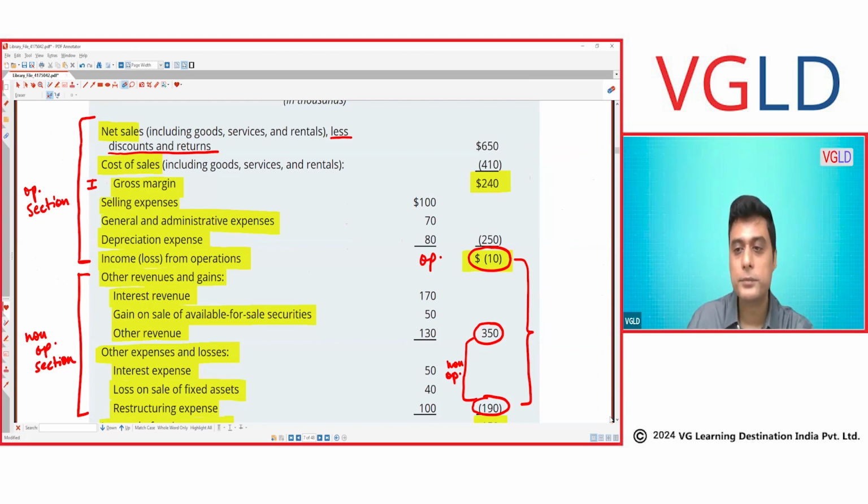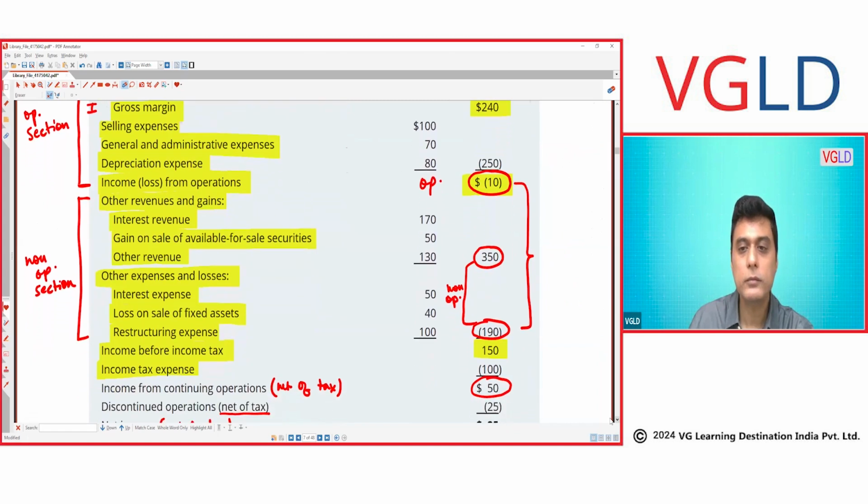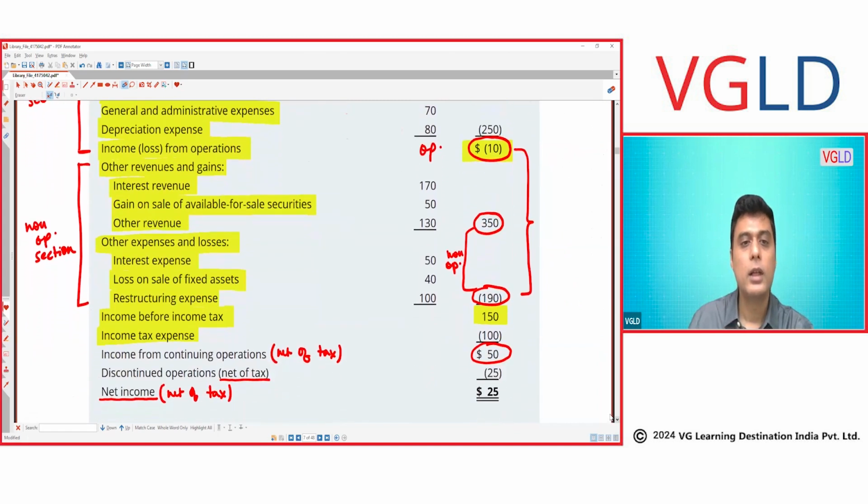All right. We'll talk about discount later also. Now, see, restructuring expense is something. The company has entirely restructured itself. Maybe from a geography based business, it has gone to a product based business.